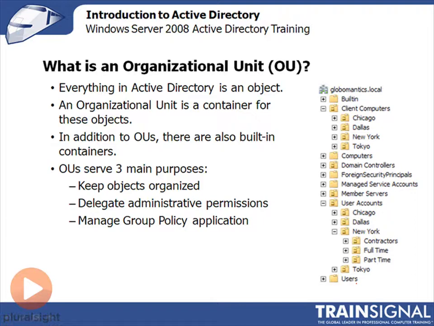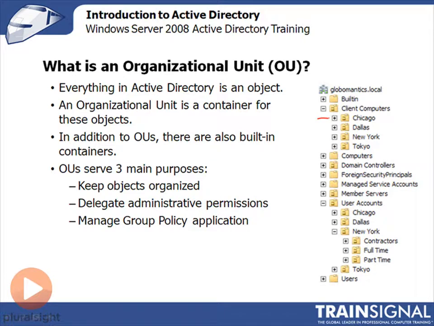As a for instance, maybe I have a local IT person in the Chicago office who is responsible for desktop support for the Chicago computers. Then I may delegate some appropriate permissions to that administrator over the Chicago OU container, and then, of course, all the objects inside of it.